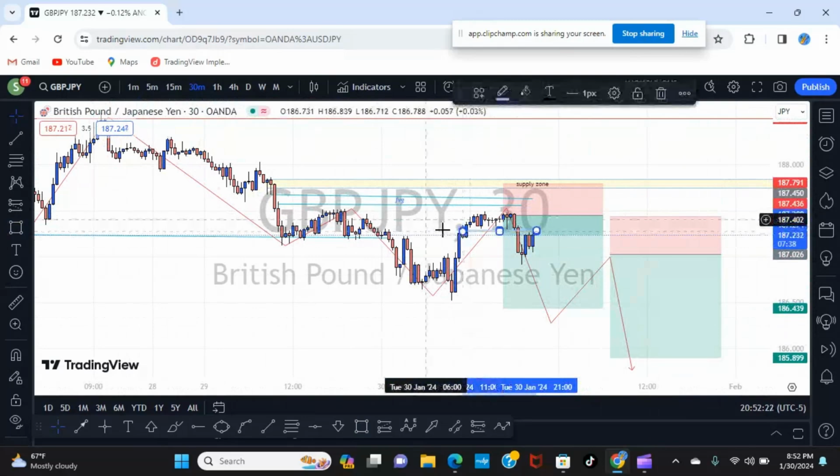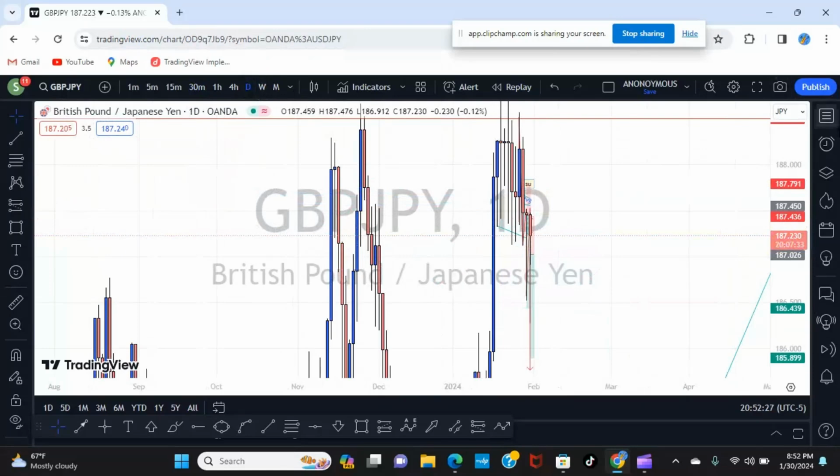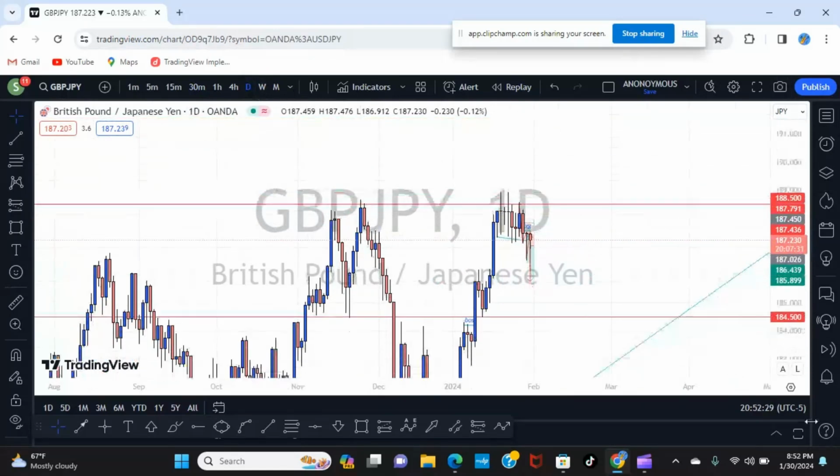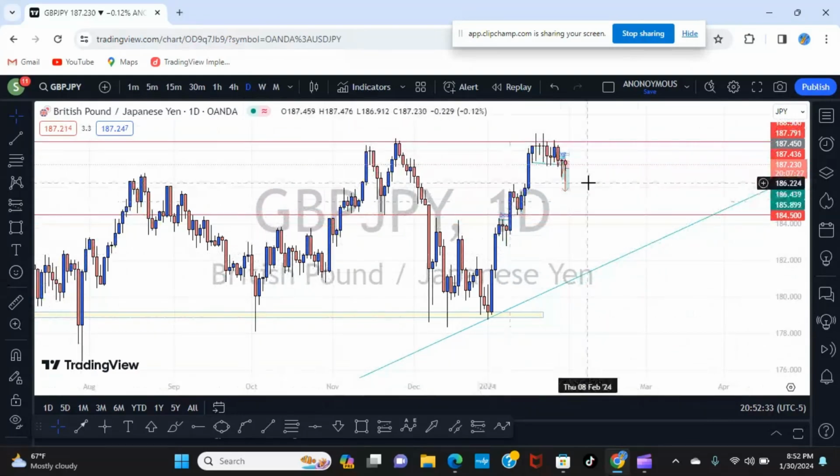let's recap again. Once we go on the daily time frame, we observe what the market is doing. We notice that the market is heading up and now resisting this level. I highlight this level as a strong resistance level that it failed to break for around a couple of days.